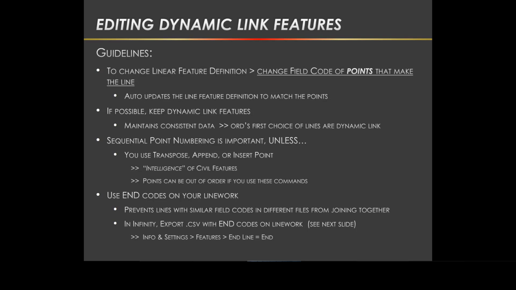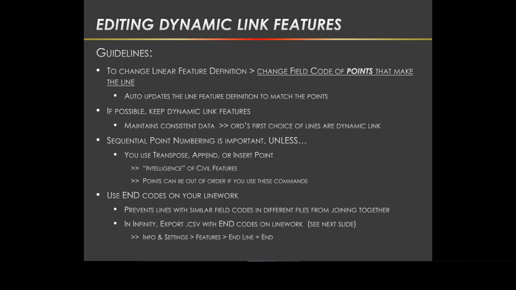So for dynamic link features, to change the linear feature definition or field code of that line, you need to change the field code of all the points that make that line. When you change the field code of the points that make that line, it will auto-update the line feature definition to match the points. That's one of the beauties of dynamic link features.